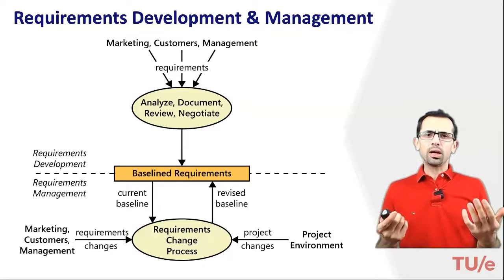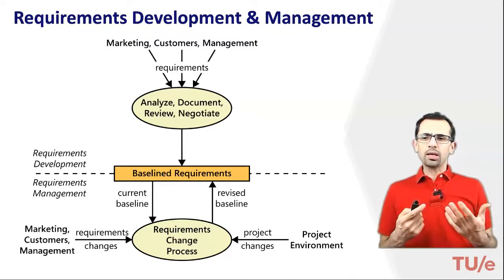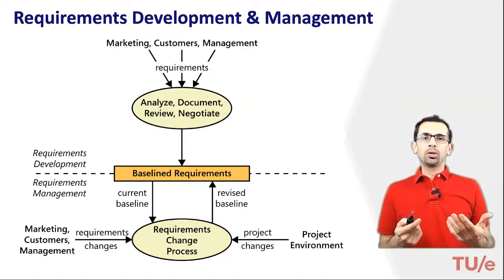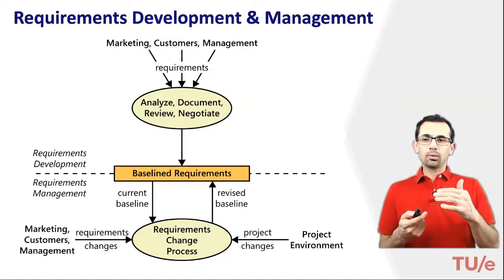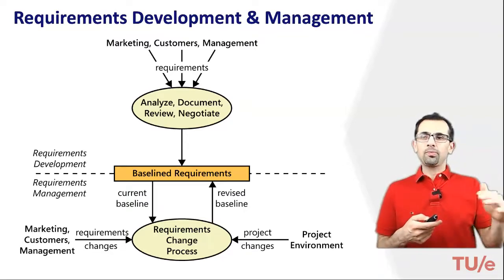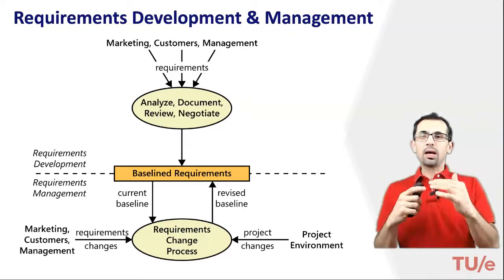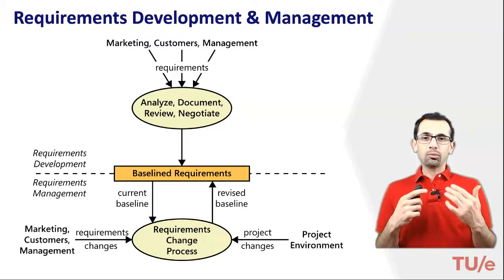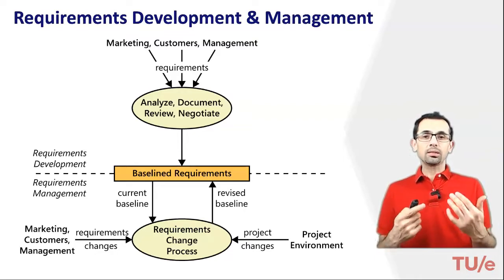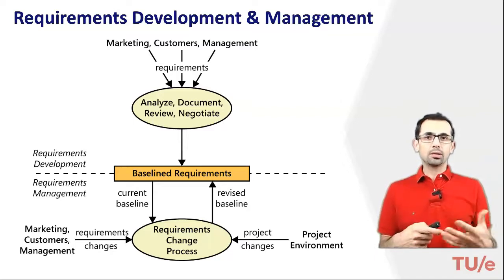At some point in time, you put them in a repository, and you baseline them. You just say, okay, that is my collection and that is stable enough. Now that's my baseline, and from now on I will manage the requirements collection. And that is basically the most relevant time for the requirements management activities to commence.